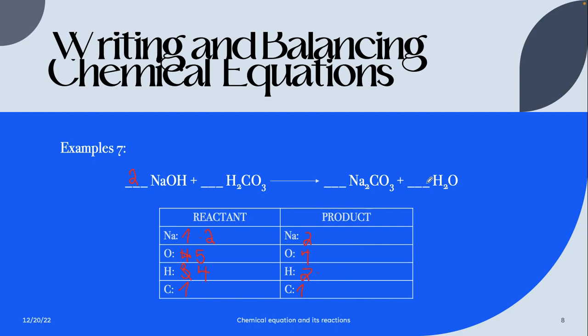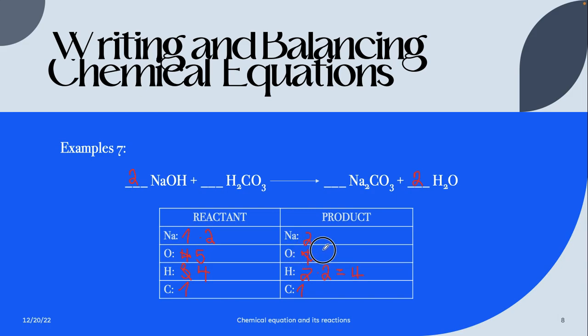So now let's take a look at this side. We have 4 hydrogens, so we're going to multiply the hydrogen by 2 to make it 4. So let's place our 2 up here. And now we have 4 hydrogens, and instead of having 4 oxygens, we're going to have 3, 4, 5.